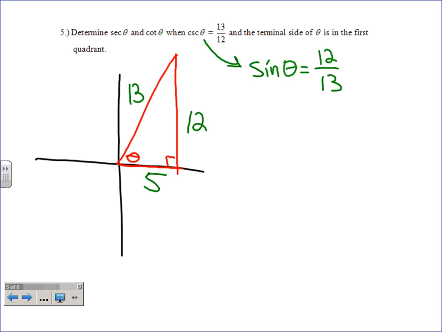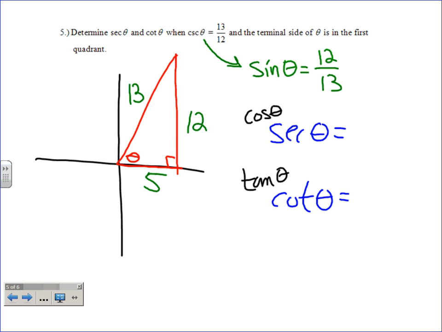But now, let's not forget, it is asking for secant and cotangent. If you're looking for secant, you should look for cosine, and for cotangent, hopefully you know that one's tangent. Cosine is adjacent over hypotenuse, so it is 5 over 13.